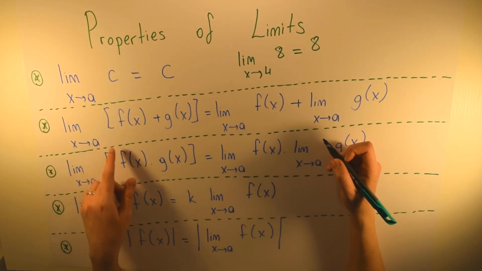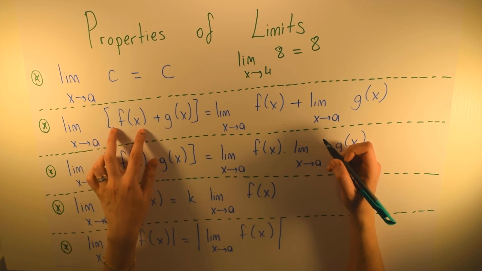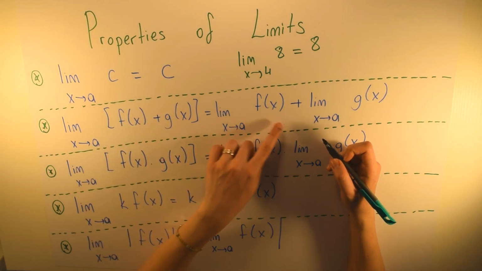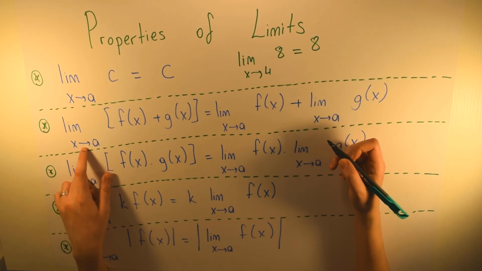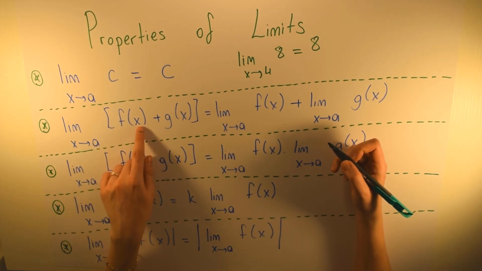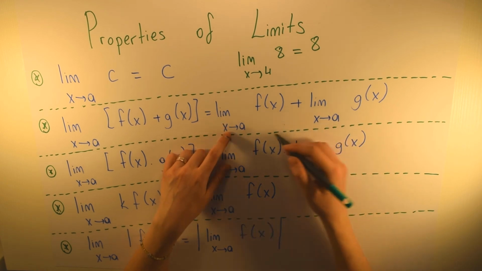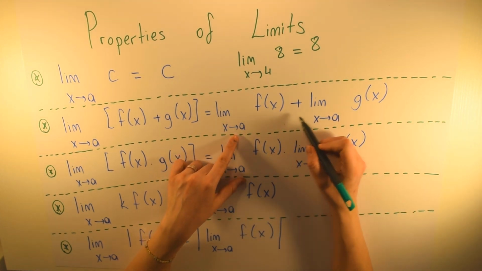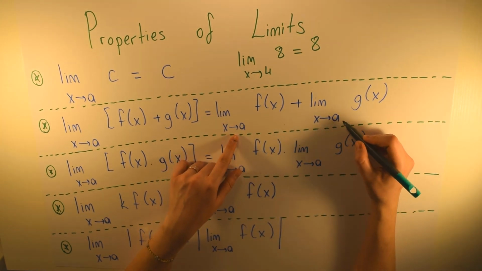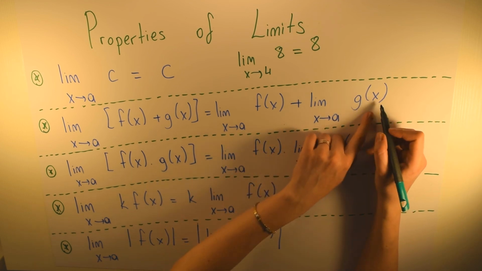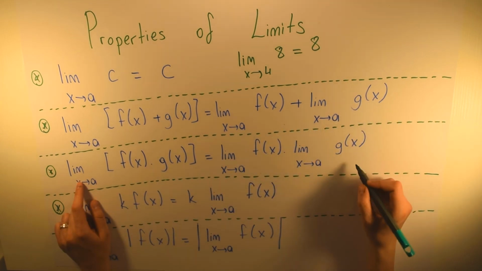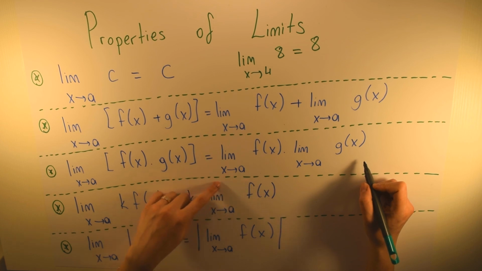Okay, so here we have some rules. This rule states that the limit of the sum of two functions is equal to the sum of their limits. So limit as x approaches a of f of x plus g of x, in parentheses, is equal to limit as x approaches a of f of x plus limit as x approaches a of g of x. It's the same for the product rule.